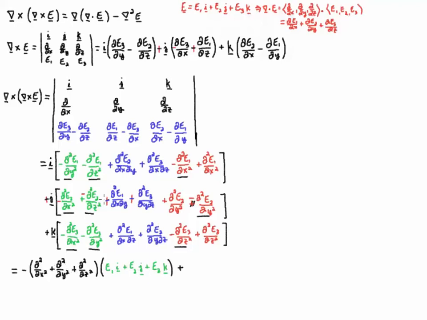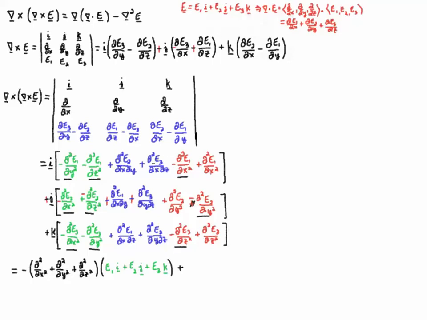And similarly for e1 with respect to y, e2 with respect to y right there, and e3 with respect to y, and then similarly for z. And then I factored out the minus sign right there. So this is the Laplacian. That's all these underlined terms, just the distributive property, and I just factored out the second derivative operator.